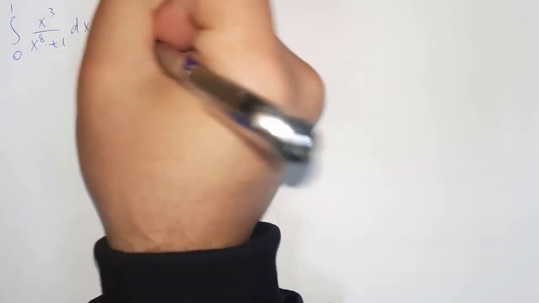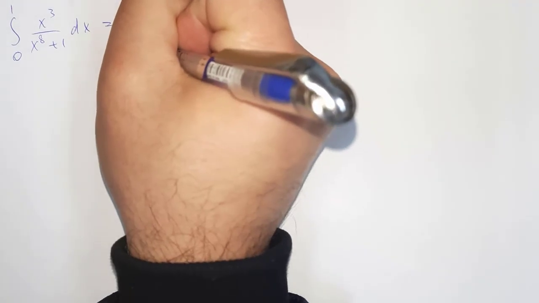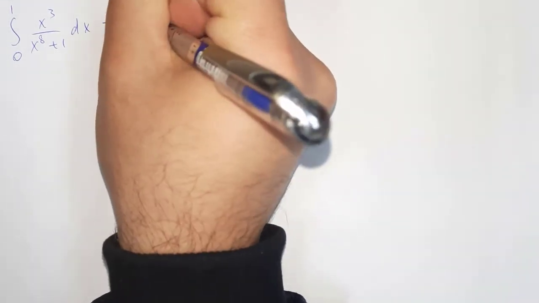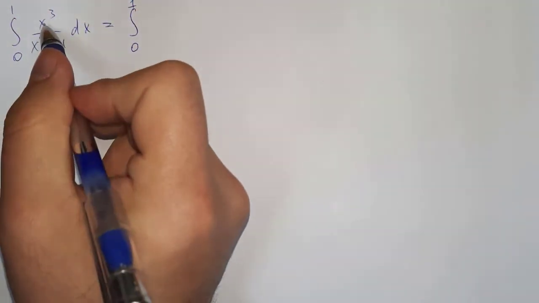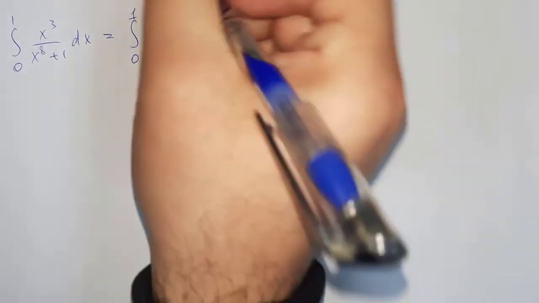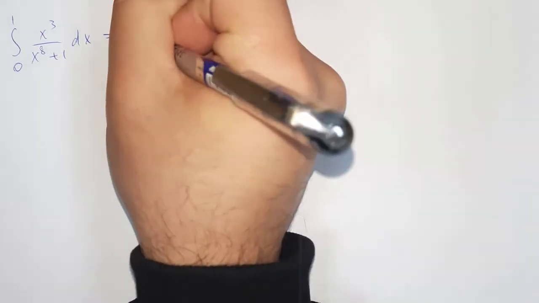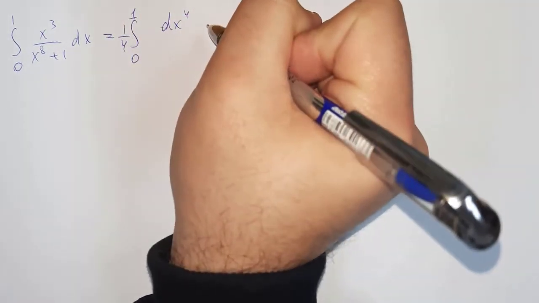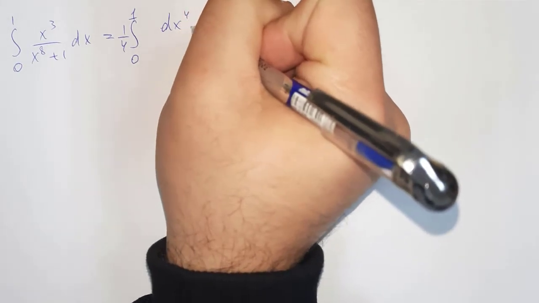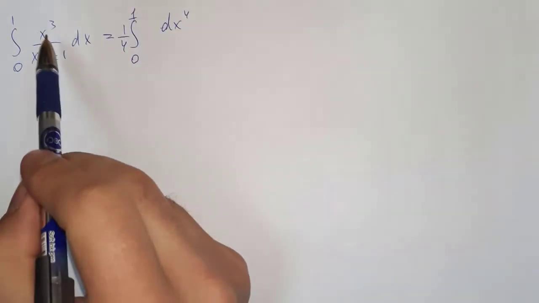Here also we need to use the differential, and using differential we can write this x cubed in differential as d of x to the fourth degree. But here we have a 1 over 4 coefficient, because when we take the derivative of x to the fourth, it will be 4x cubed, but we have here just x cubed.